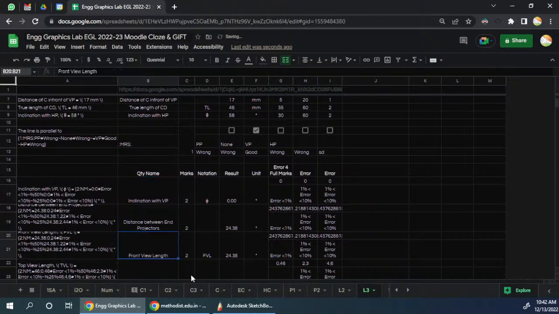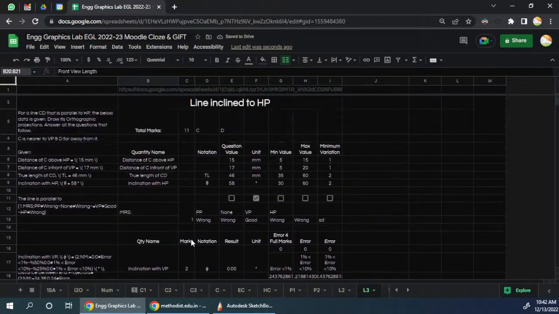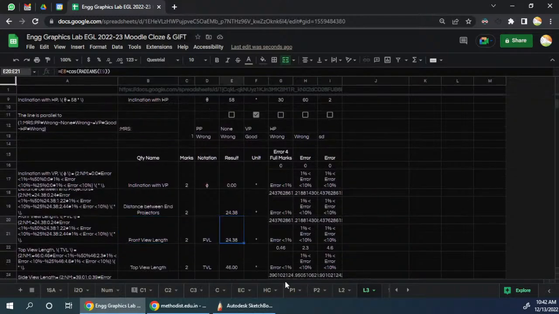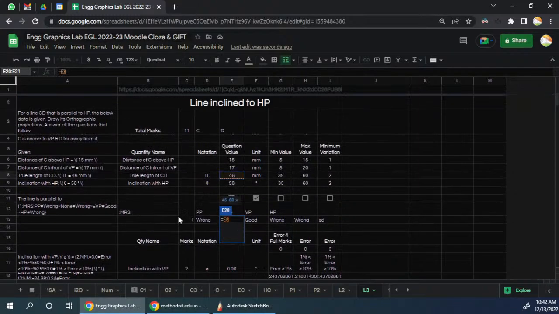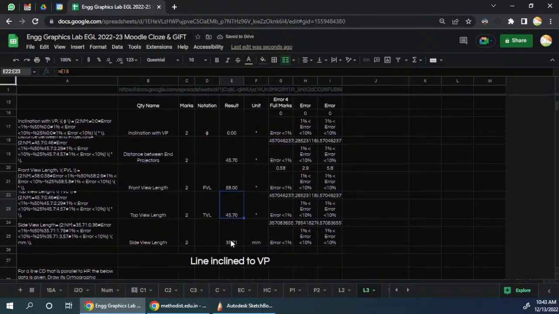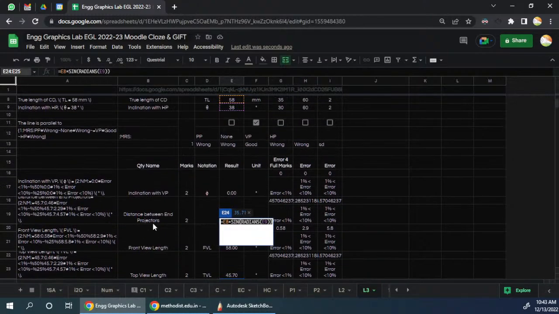Then land projectors, and we have the front view length. Because it is inclined to HP, it's parallel to VP, so front view length is going to be equal to the true length. Drop your length will be same as the distance between the vectors, and the side view length is the same.